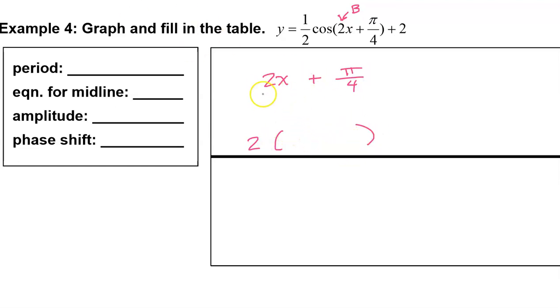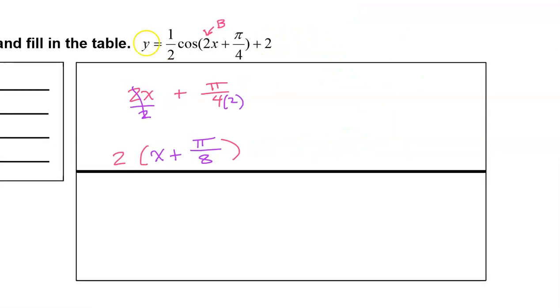So to figure out what goes inside the parentheses, I'm going to divide everything by 2. So these 2's will cancel out and give me x. When I divide pi over 4 by 2, that's the same thing as putting a 2 in the denominator. So this is going to be pi over 8.